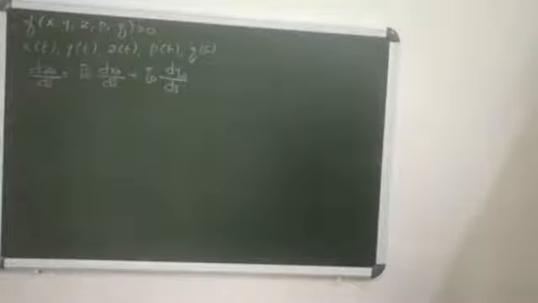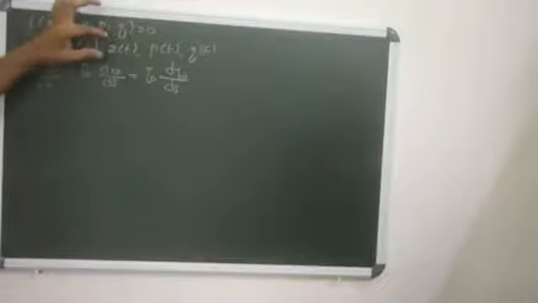So in previous class we said that this characteristic condition or the strip condition is nothing but dz_0/ds equals p_0 dx_0/ds plus q_0 dy_0/ds. And we also said that these five functions x(t), y(t), z(t), p(t) and q(t) are interpreted as a strip only when they satisfy this condition.